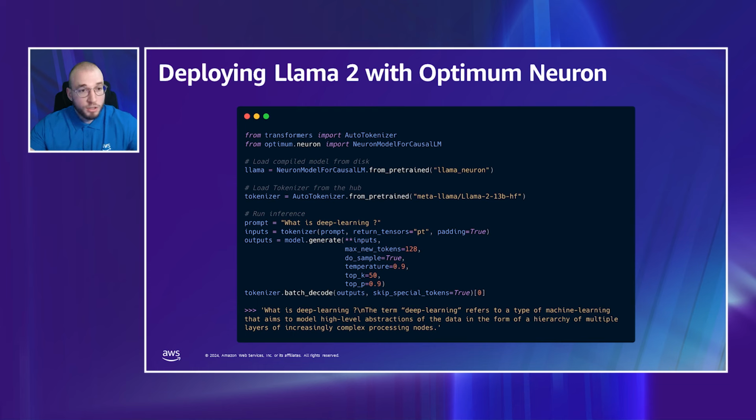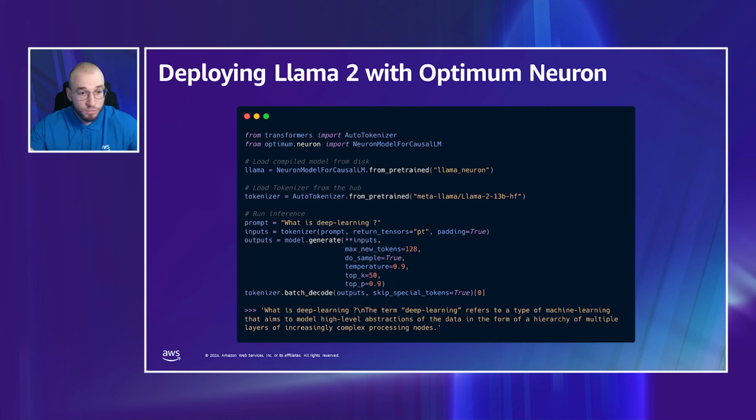Then we tokenize our prompt into tokens, make sure that we return PyTorch tensors, and then we can simply use the same model.generate method you know from transformers, providing our generation arguments with max new tokens, sampling method, temperature, top K and top P, which will then be used to generate our tokens. And with the batch decode method, we can convert our tokens back into a text, getting us the output.